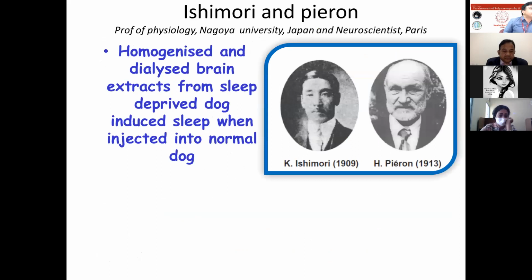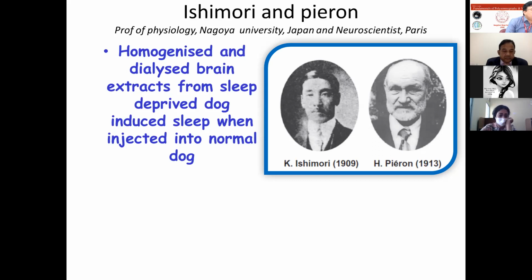When it comes to sleep regulating substances, it was Japanese scientists who discovered that there are some substances which can induce sleep. They homogenized brain extracts from sleep deprived dogs, and when this was injected into normal dogs, the normal dogs spent more time asleep.